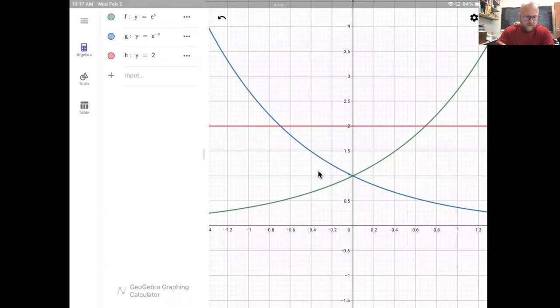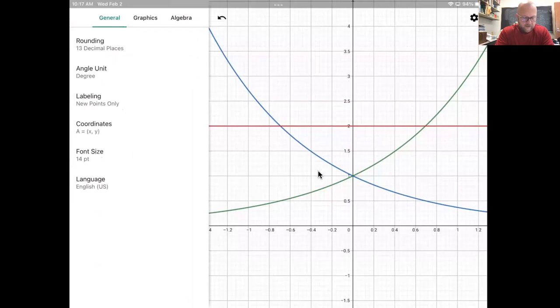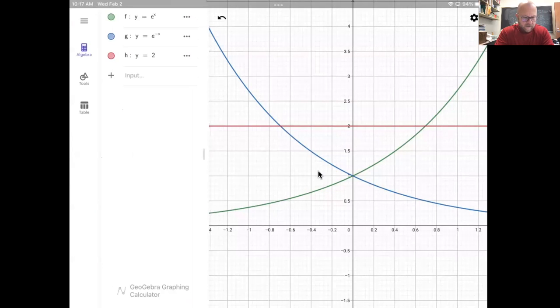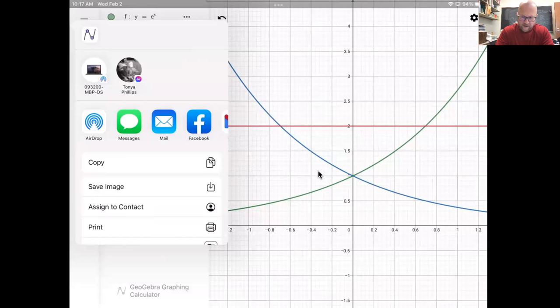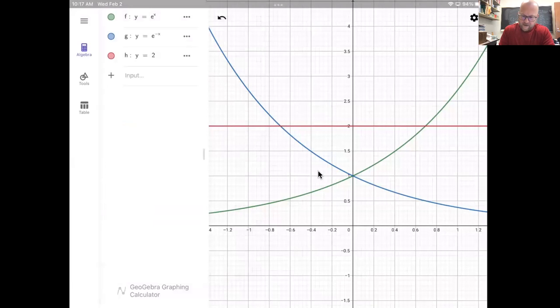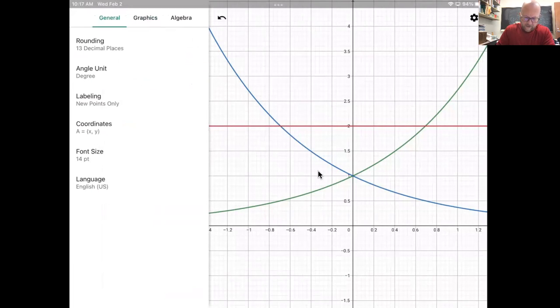I apologize for having this bit in here, but it is really just a matter of export image is not taking me to the place that it normally takes me to.